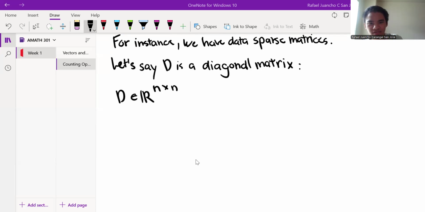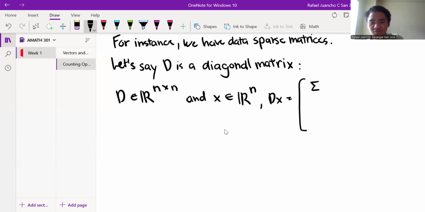Then let's multiply it by a vector, say vector x, which has dimensions n by 1. So what do we have as a result? We have Dx.